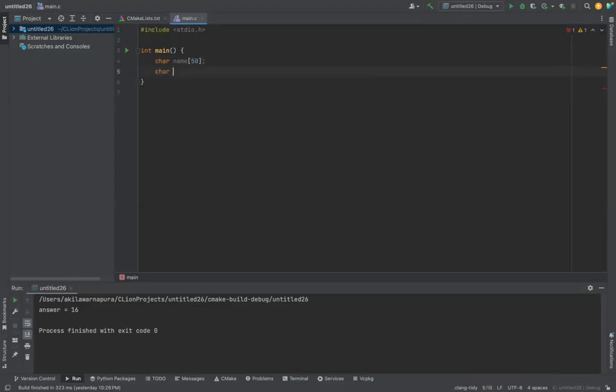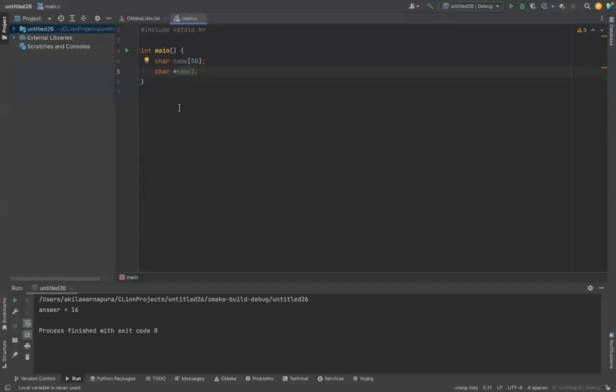Otherwise you can use char, let's say a different name, name2. You have to provide this one as a pointer. A pointer can be declared with the star. You can write char star name.